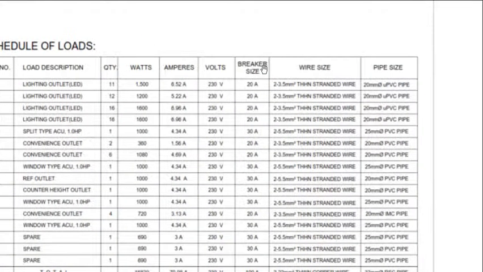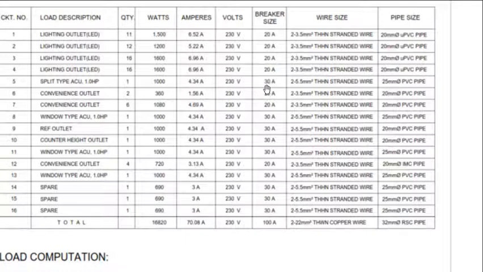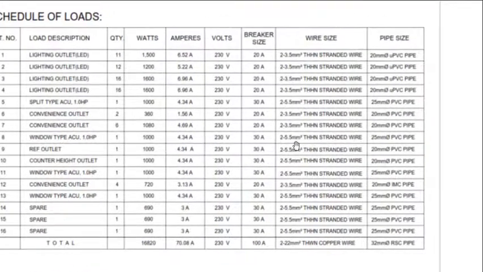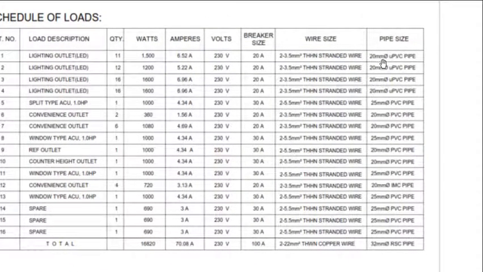Then for lighting, we use a 20 ampere trip. For aircon, we use a 30 ampere trip, and for the convenience outlet and ref it is also a 30 ampere trip. This is just the basic or minimum sizes of wires for residential.